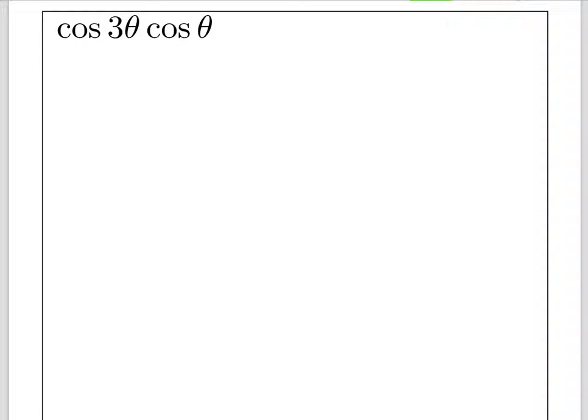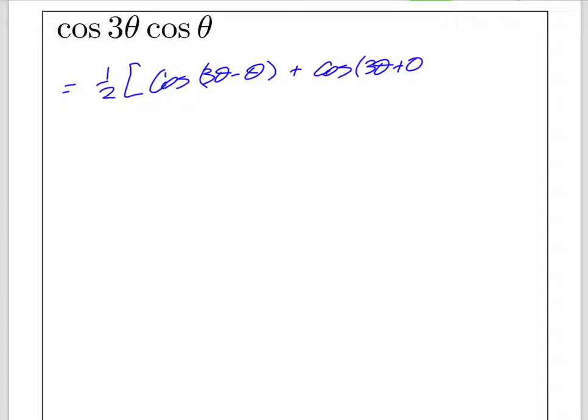Cosine A, cosine B. So that means this is going to be equal to 1/2 of cosine of 3 theta minus theta, and then plus cosine of 3 theta plus theta.